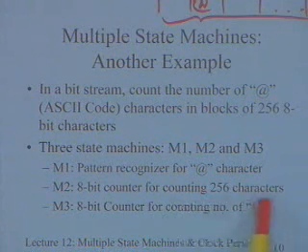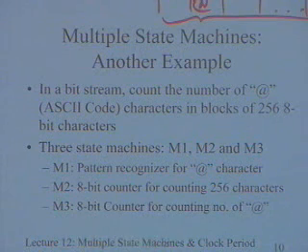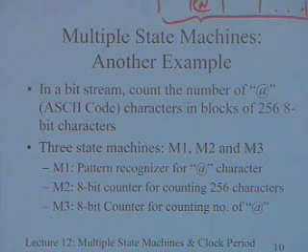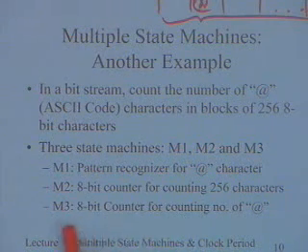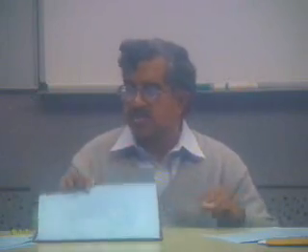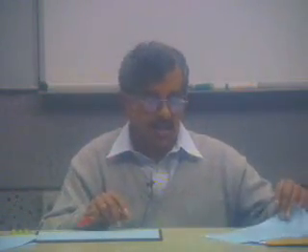Another machine, M3, is an 8-bit counter for counting the number of ats. So I need to count how many at characters there are, and so I need another counter for doing that. What is important is that you have very clean interfaces between them, and those interfaces are the ones that make the design simple and realizable.